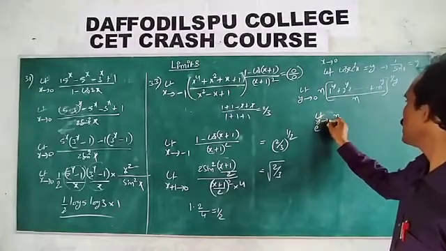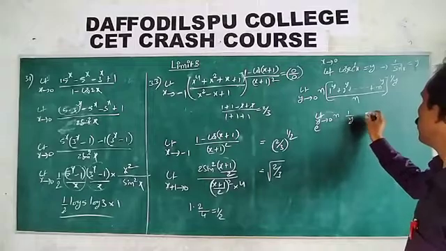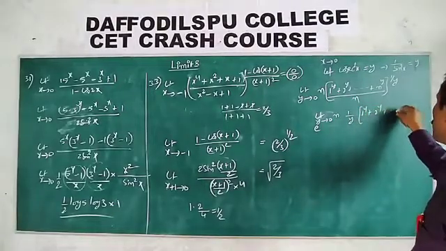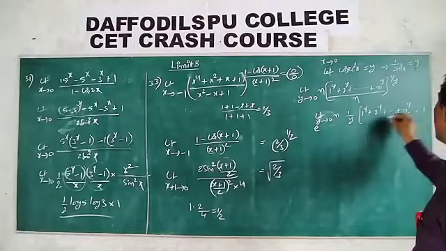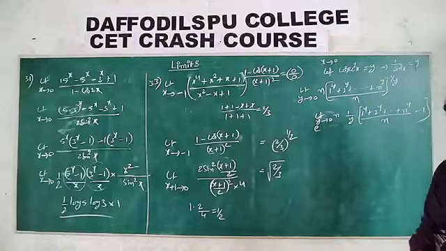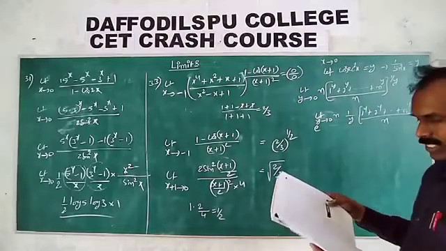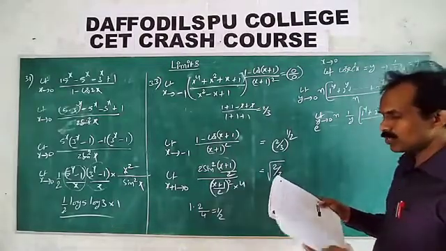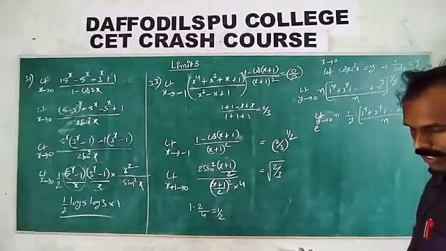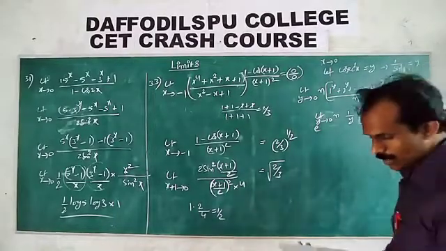Limit y tends to infinity, g of x, 1 power y, 2 power y plus and so on, n power y minus 1, f of x minus 1 divided by n. Same as the problem we did in question number 28 model. Okay, we'll do it the same way. We will get the third option as the answer.